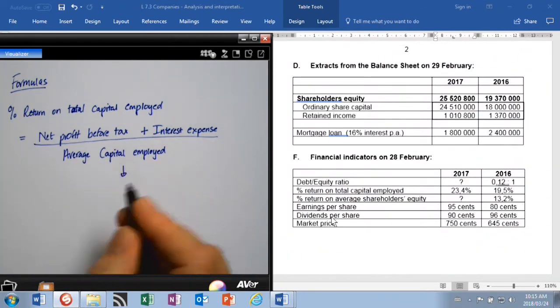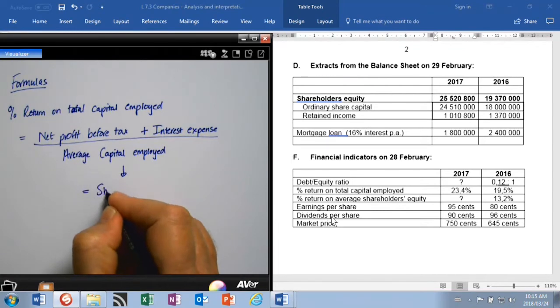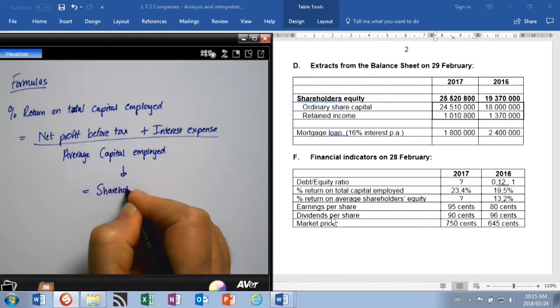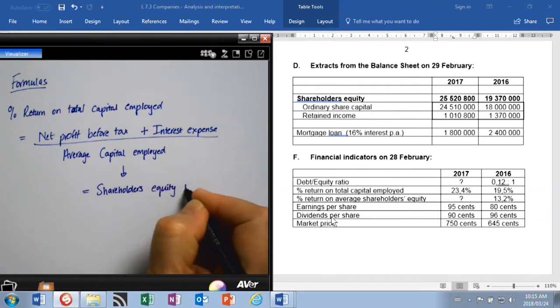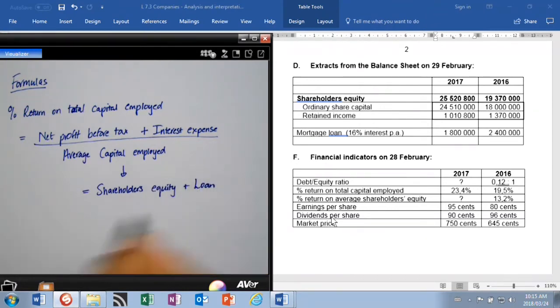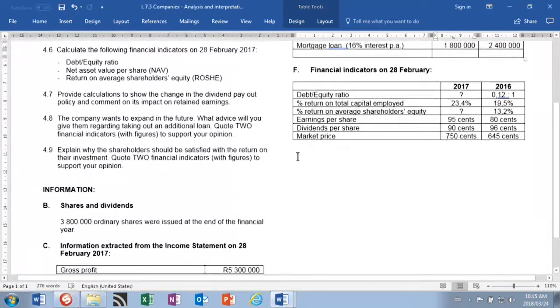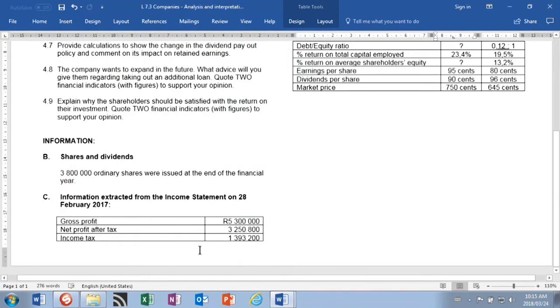The capital employed equals your shareholders' equity plus the loan. So if I look at the information that I've got here on page 2, if I ask you to calculate, I don't think I've got the net profit before tax. Let me quickly see. I've got net profit after tax.